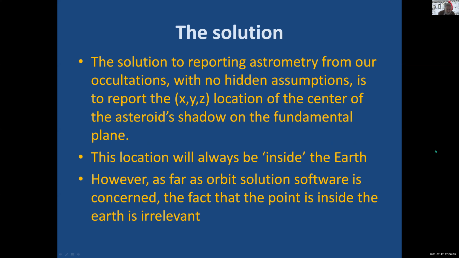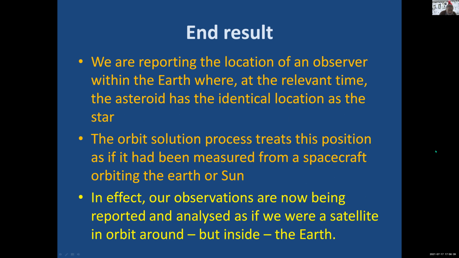So our solution to reporting our astrometry, avoiding all these hidden assumptions, it gets rid of the precession, nutation, aberration, deflection, light times, everything else, is to report the XYZ location of the center of the asteroid's shadow on that fundamental plane. This location is always inside the Earth, but that doesn't matter, because the orbit solution software doesn't know where the surface of the Earth is.